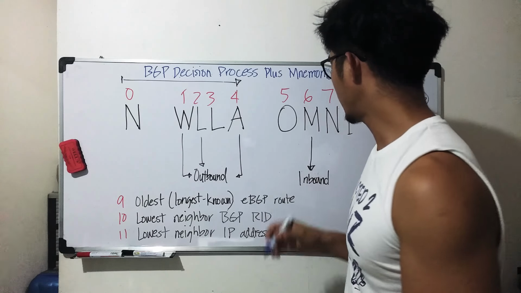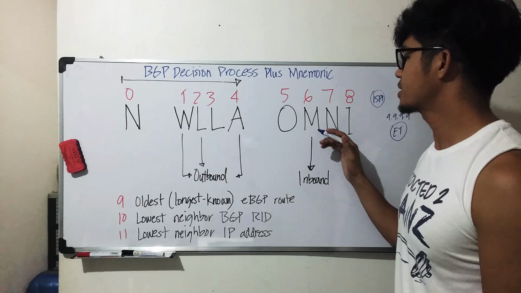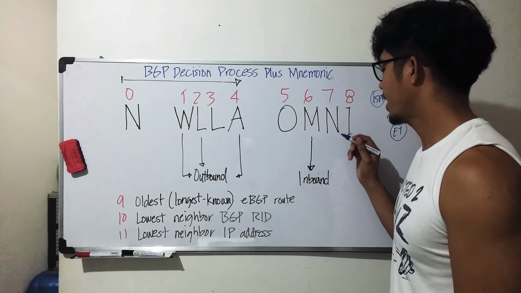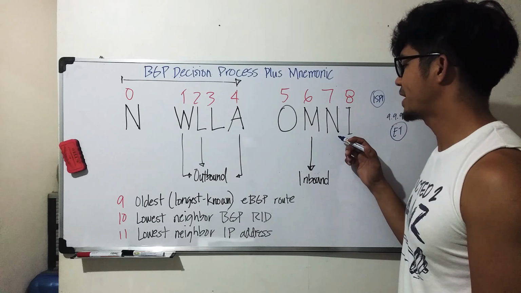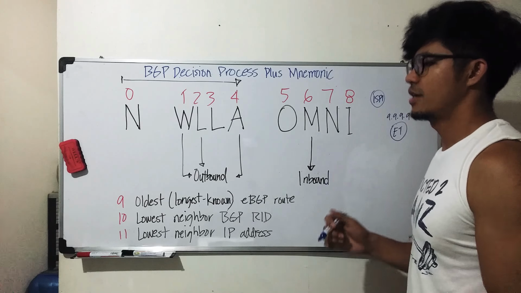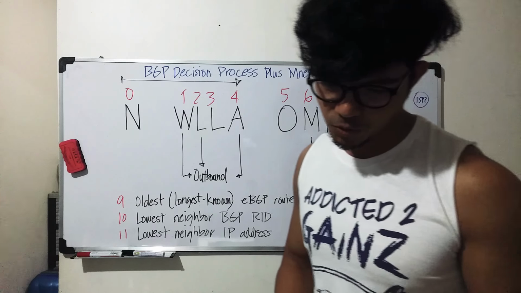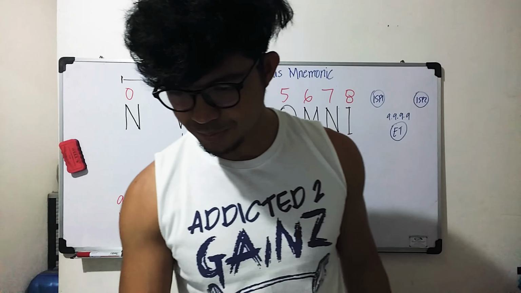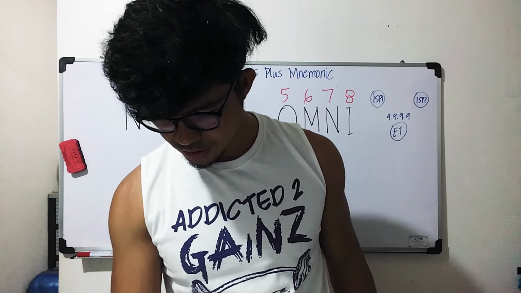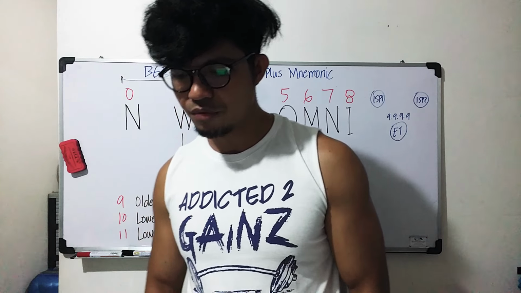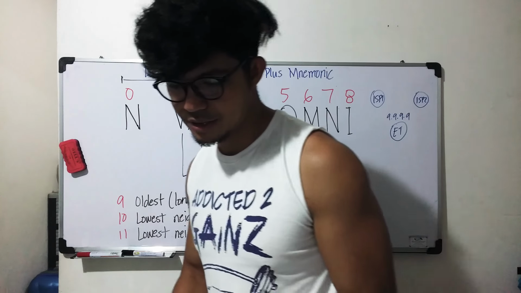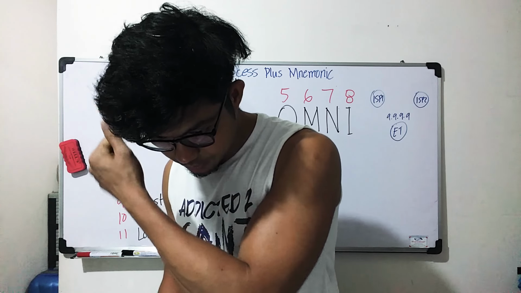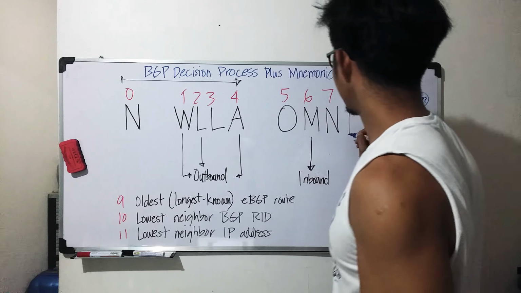So let's talk about M, which is metric, lower is better, and N is for neighbor type. Prefer eBGP over iBGP, and I is for IGP metric.